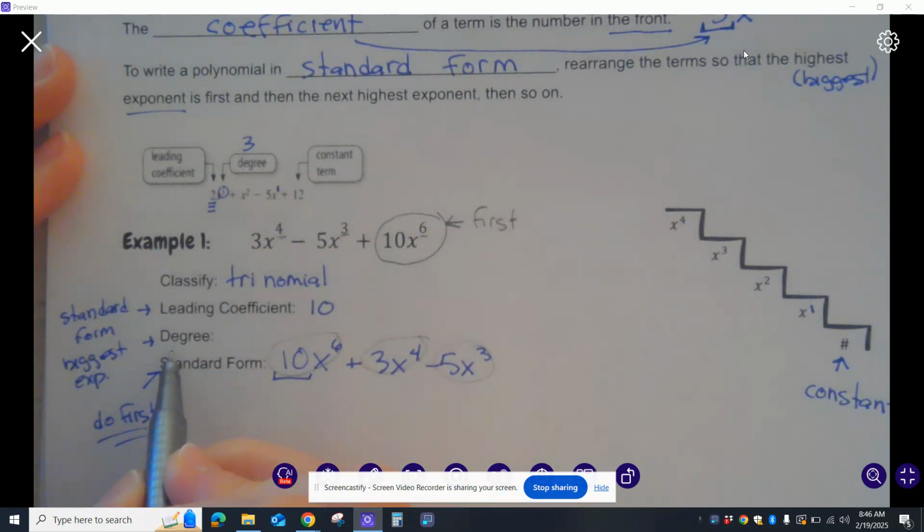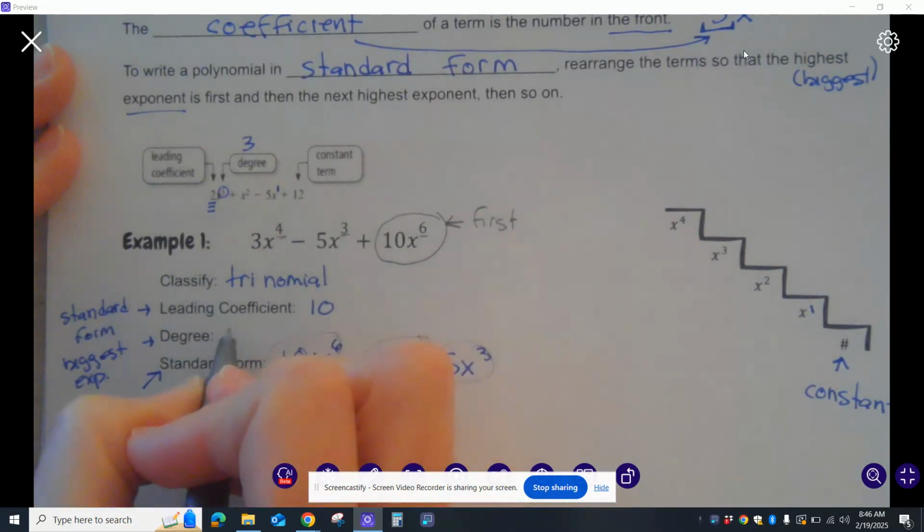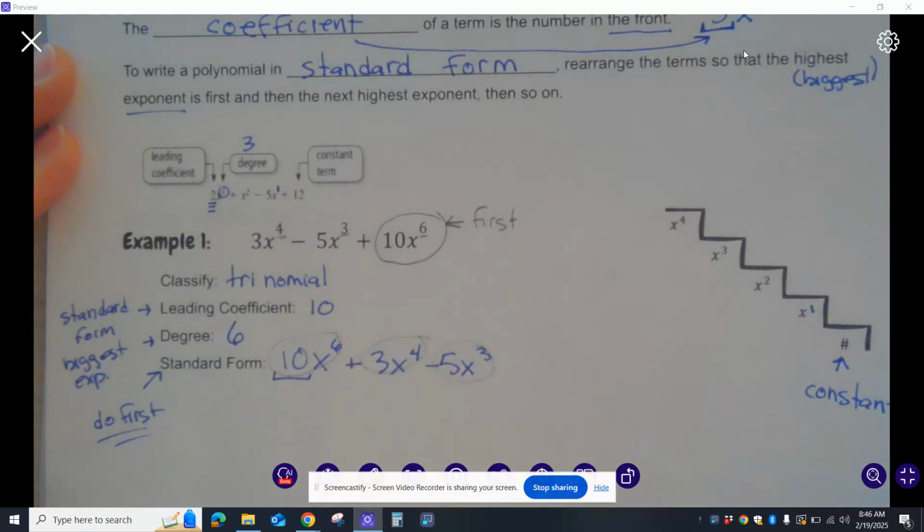Degree is the highest exponent. Remember, we said to find the degree, you find the highest exponent. Well, once you're in standard form, the biggest exponent is right in front, and that is 6. So when you're in standard form, your degree and leading coefficient are in front.